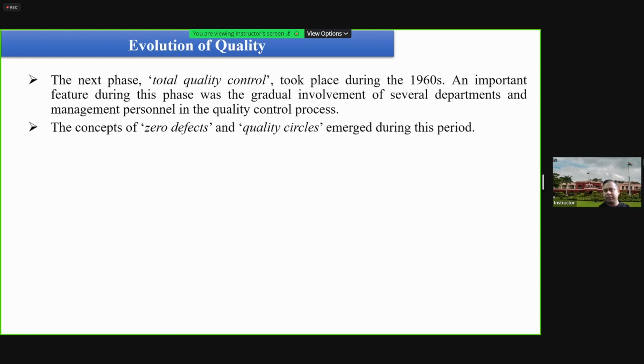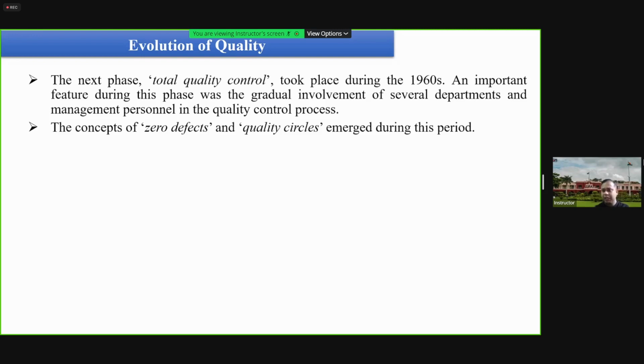The quality circle is a concept that originated again mainly in Japanese organizations. A quality circle meant a group of people, let's say 5 to 10, not necessarily from the same department, generally from various departments and at various levels in the organization.